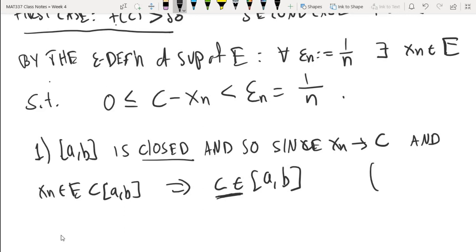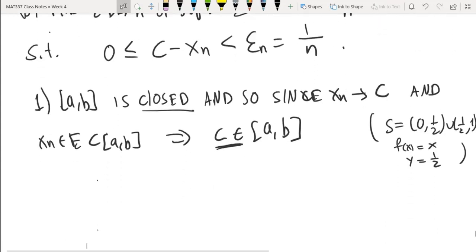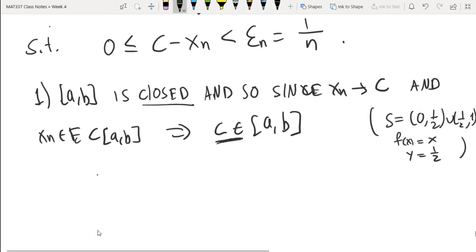For a counterexample, if you let the interval be open, (0, 1), and take f of x to be x, and take y to be a half, then we need [a, b] to be closed. All right.